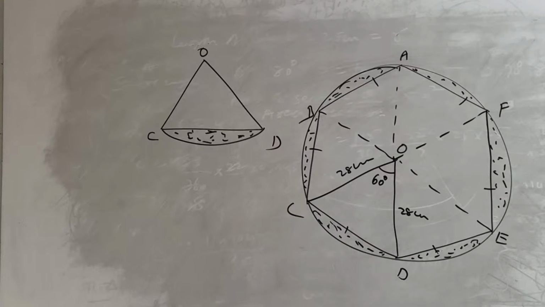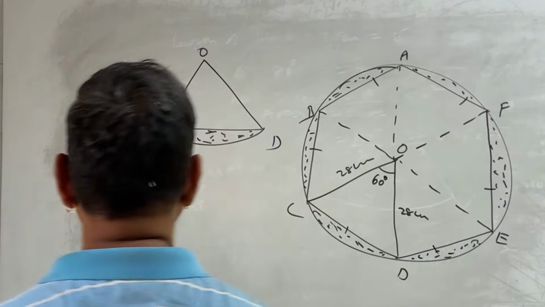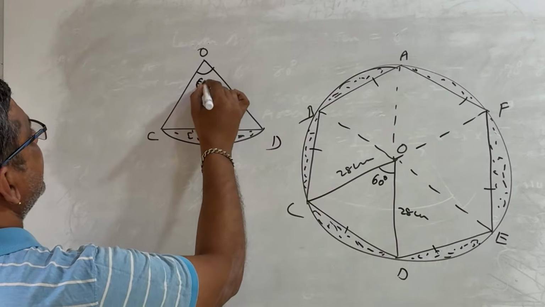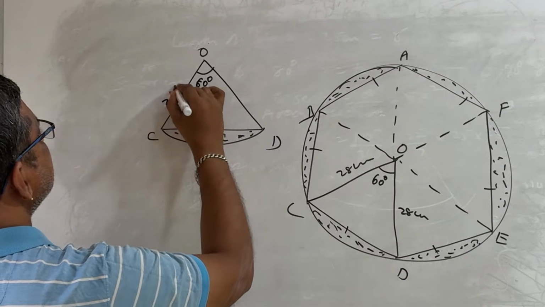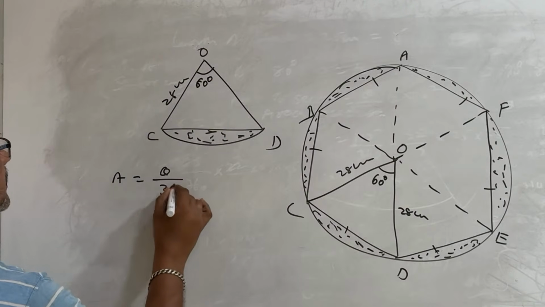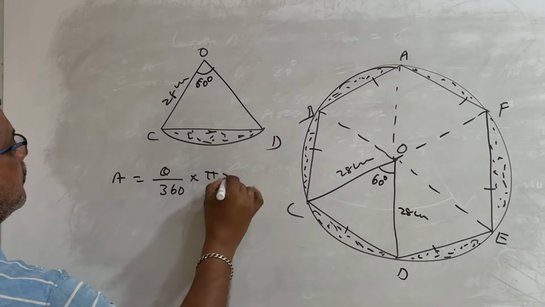Find out the area of one segment and multiply it with 6. Sector angle is given as 60 degrees, radius is 28 centimeters. Area will be theta by 360 into pi r square.